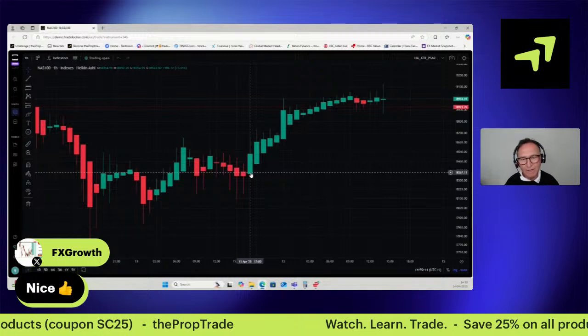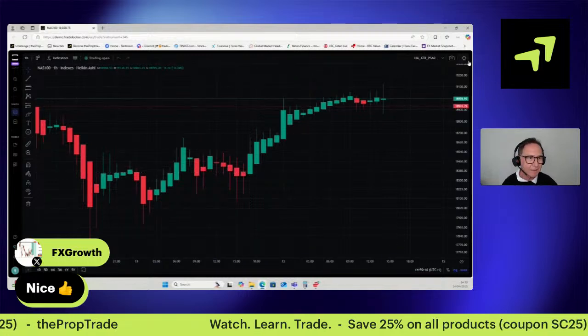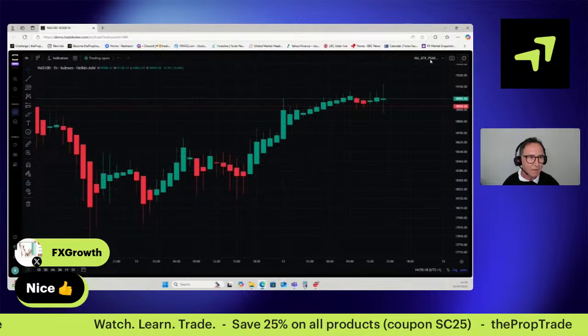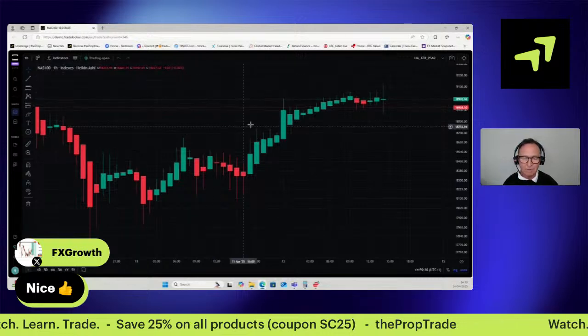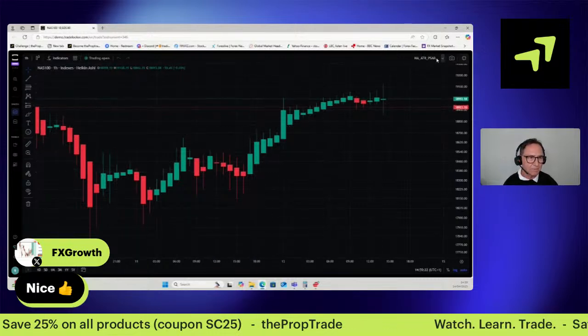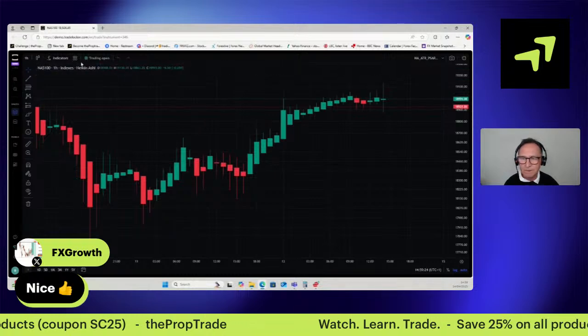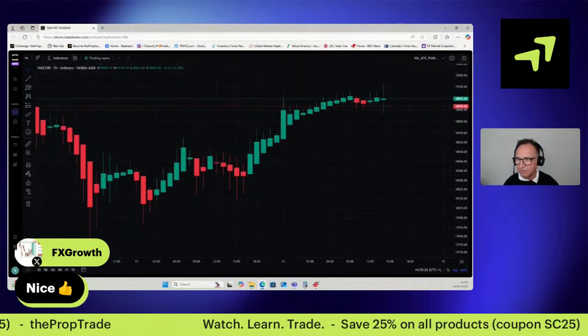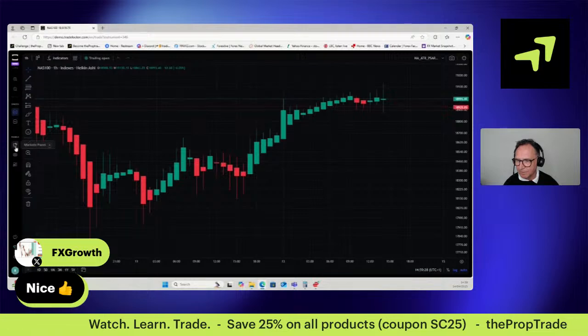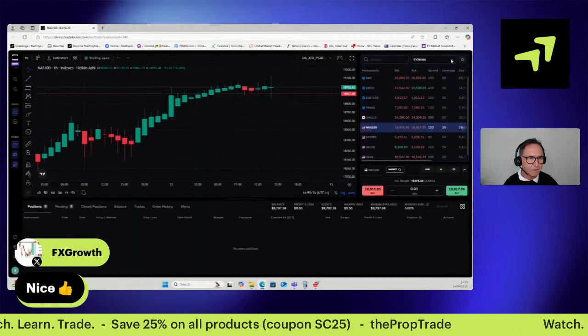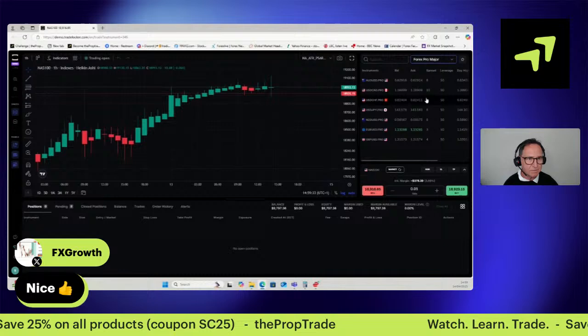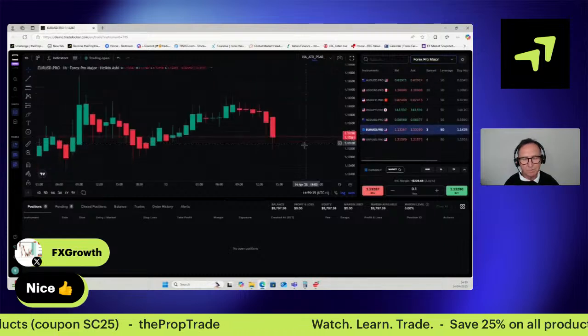As I say, great when markets are trending. Great for all assets as well. We've shown predominantly index markets, but it works well on stock markets and on forex markets as well. Just look at the euro, as we've shown before.